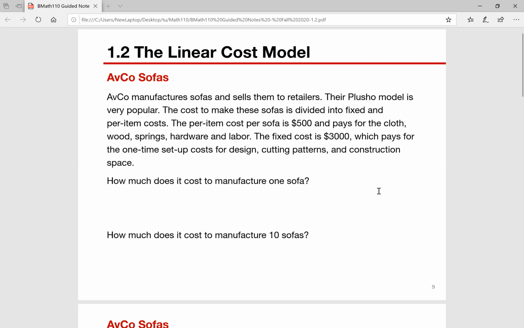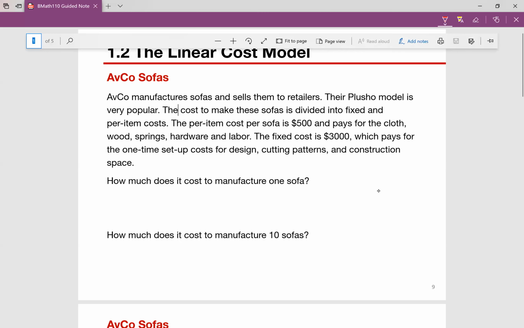So the cost in here includes two things. One is fixed cost, and another one is per item cost. And the per item cost is $500.